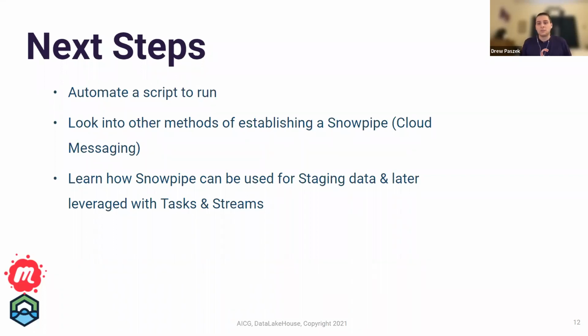This whole portion of automation can be done in a few different ways. And, like I mentioned, this can be leveraged with cloud messaging like SQS or SNS. So you're not tied down to the configurations of the Snowflake REST API. You are able to use some of those other cloud services.